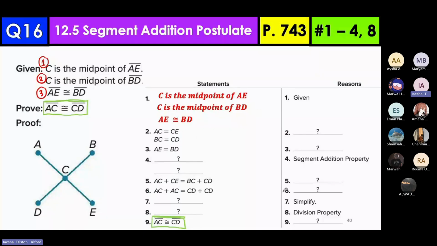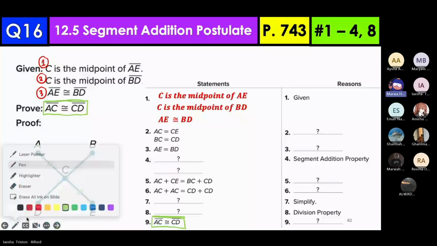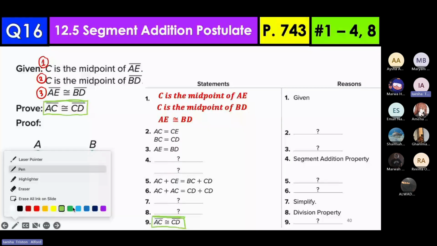The rest of the blanks depend on you and your vocab. So we have AC is equal to CE. See the picture. Why do you think AC would be equal to CE? The midpoint. What did they tell us here?